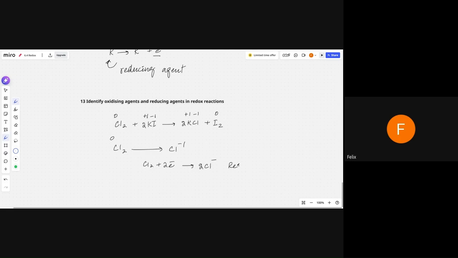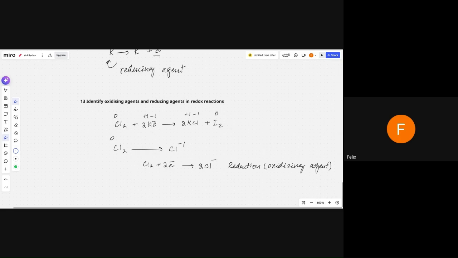That's reduction, and anything that undergoes reduction will be the oxidizing agent. Remember that. It is the oxidizing agent because it is helping the other species to lose electrons, and by gaining the electrons lost by that other species, it plays the role of oxidizing agent.